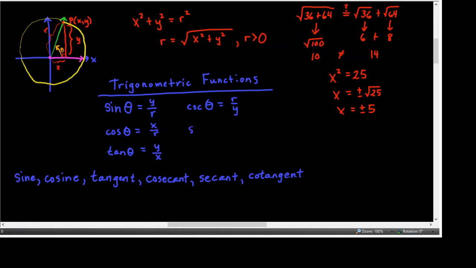The secant of theta is r over x. And the cotangent of theta, and you see the abbreviations I'm using, is defined as x over y.